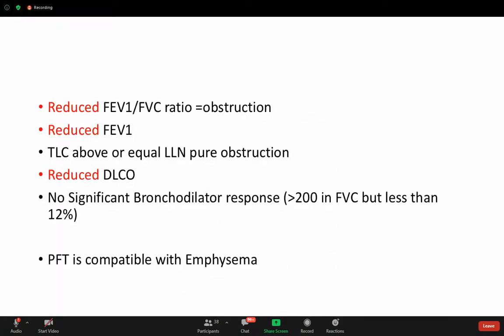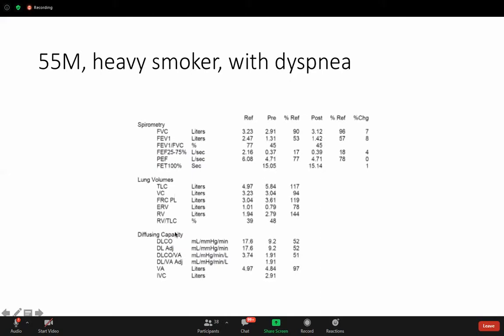So, sorry. Reduced ratio, it's obstructive pattern. Reduced FEV1. TLC above or equal to lower limit of normal. So this is pure obstruction. We have a reduced DLCO. So this is compatible with emphysema. Okay. Notice about the bronchodilators, I put a note that the FVC here, what is the FVC?